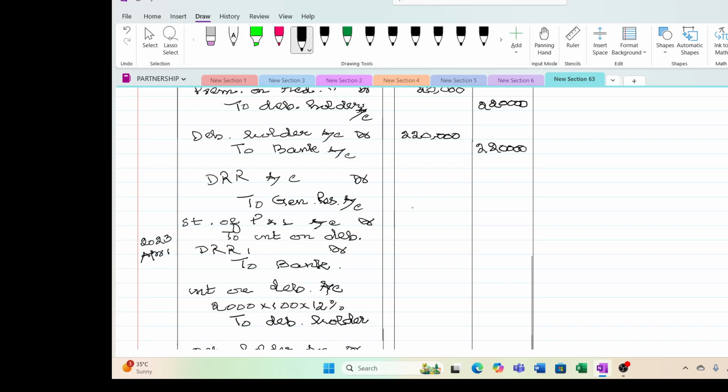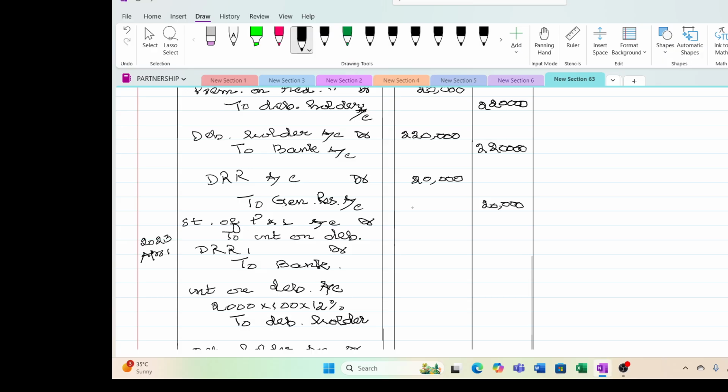Now we are going to again transfer the DRR for only 20,000. That is 2,000 debentures. Okay, 10% of that is 20,000. Already we have transferred 20. Now we have transferred 20. So we are left out with only DRR 20,000.